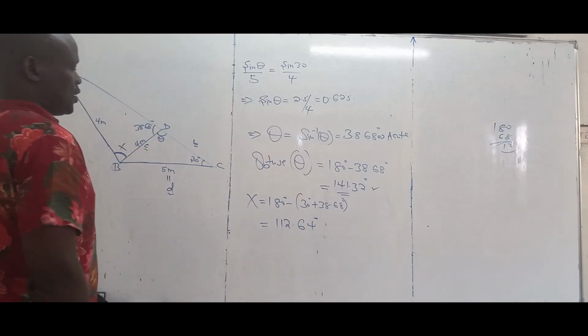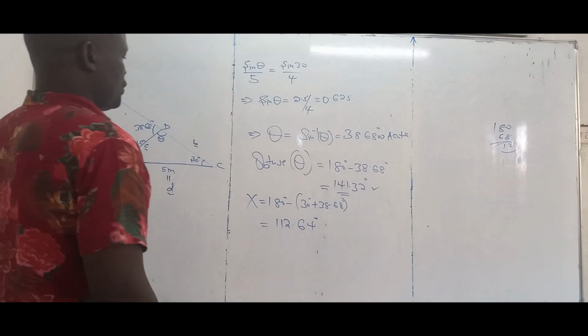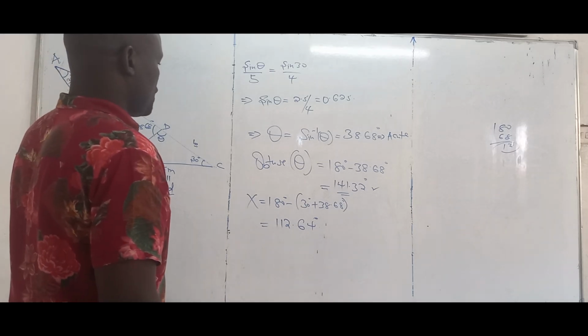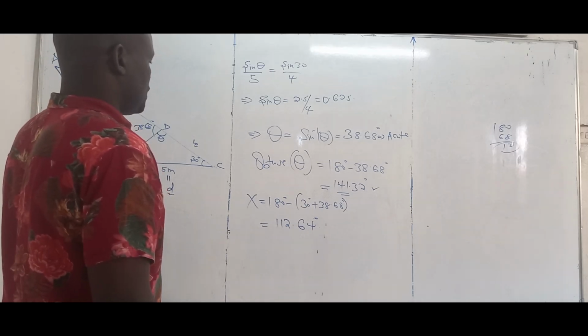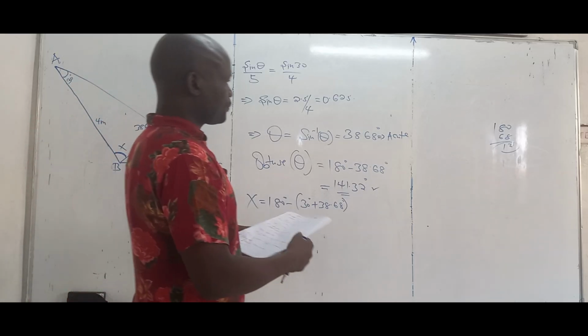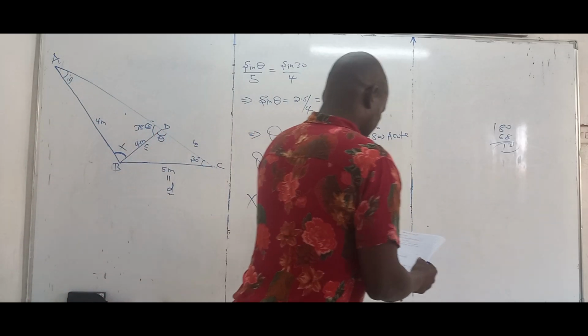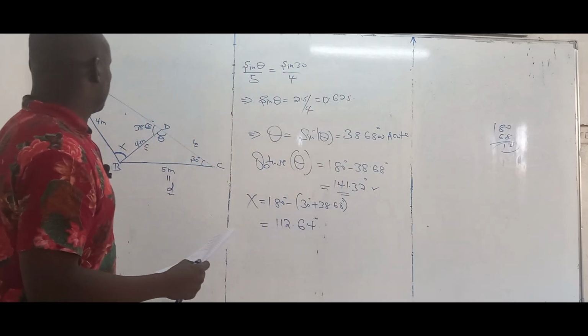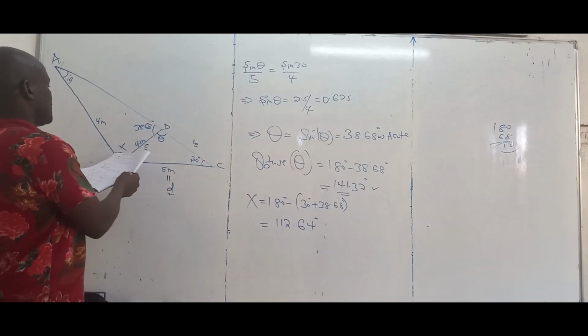That's what you should be getting. So that if you add 68 point something, it gets to 180. Okay. Then this is the value of X.